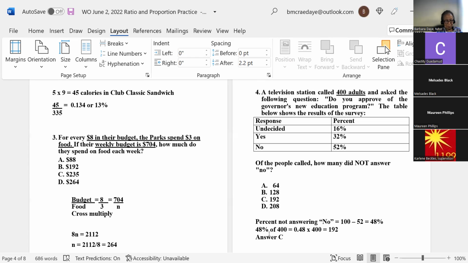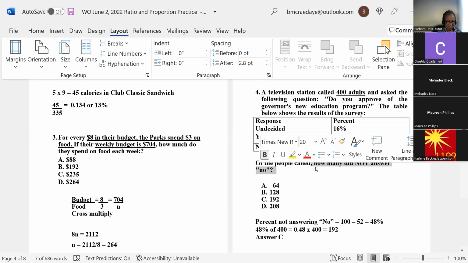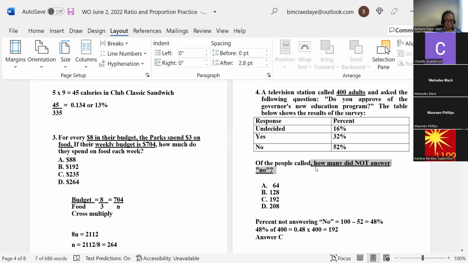I misunderstood my answer, miss, and did the wrong number. What did you do, Mercedes? Instead of putting no, I did 16%. I should have done 52%. The question was how many did not answer no. The ones that did not answer no are the total of undecided and yes.